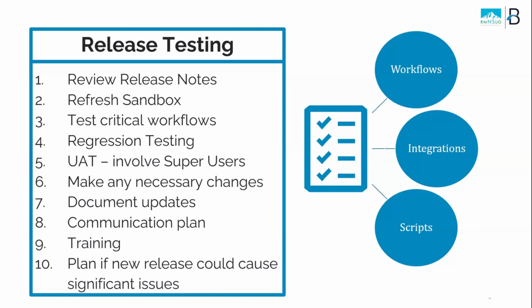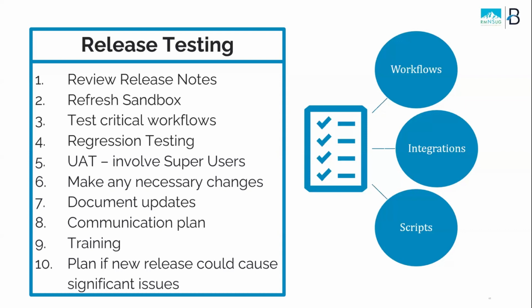Modify any changes necessary, and with those changes, make sure you document those updates so that's captured. And then develop a communication plan of when it's going to happen and any changes that could impact certain people. So make sure they're aware of any hiccups that could come about after that release is initiated.